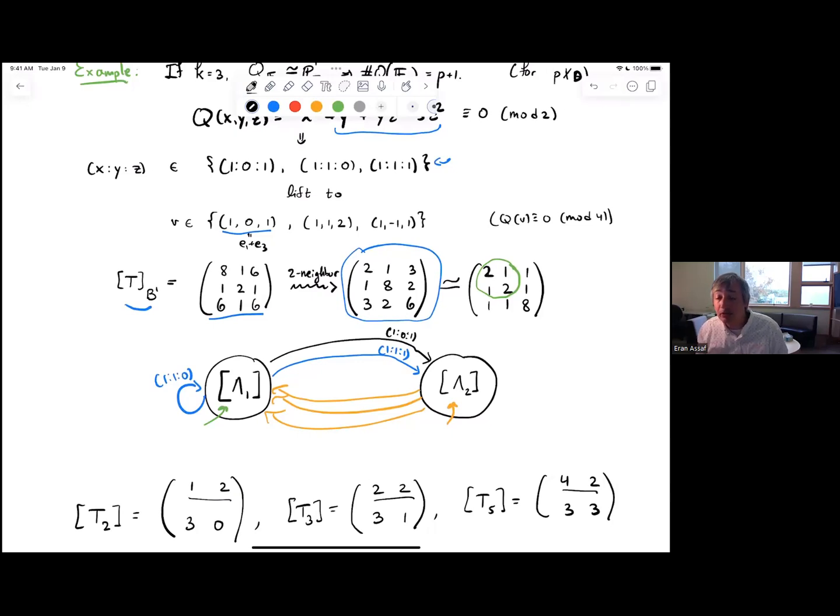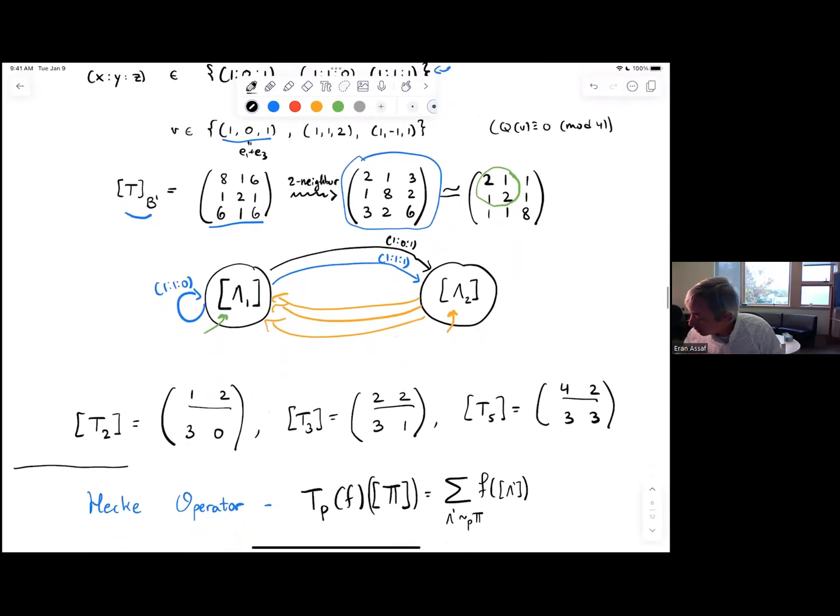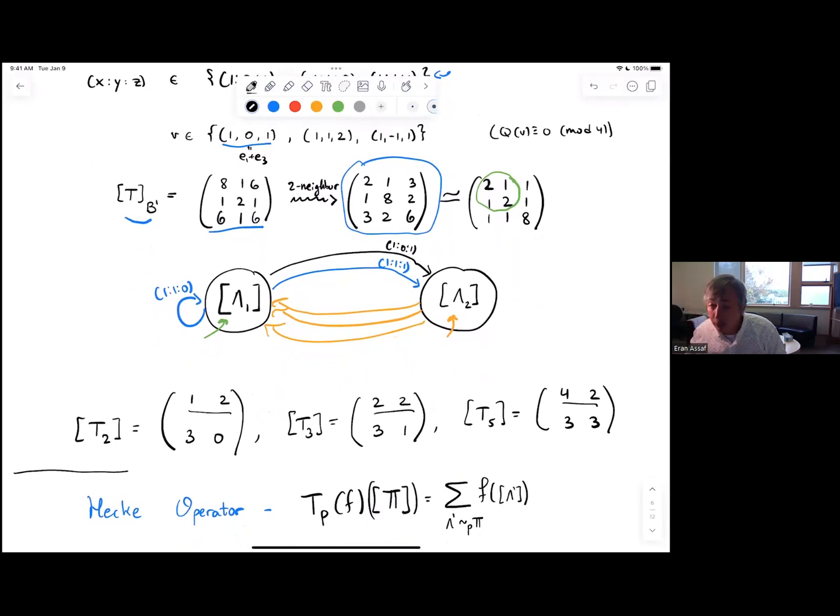But these operators actually commute, and they're also self-adjoint with respect to a natural inner product. One has just to take into account the automorphisms of each of these lattices.